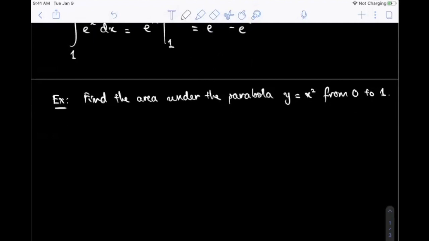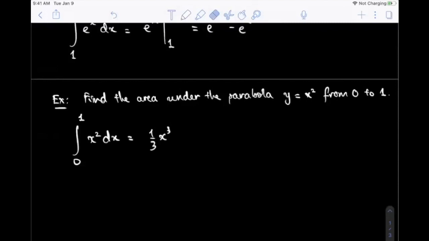When you are asked to evaluate the area under a certain curve, that means you have to set up a definite integral. So this is equal to the integral from 0 to 1 of x squared dx. So the curve that you want to evaluate is x squared. What is the antiderivative of x squared? 1/3 times x to the third power.